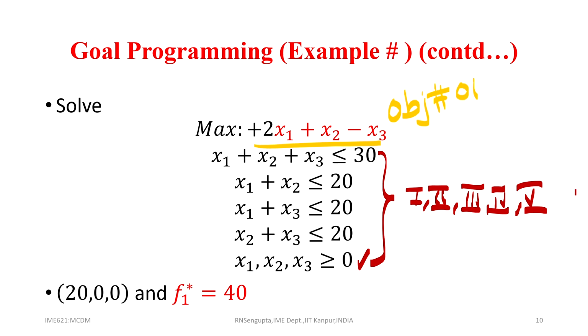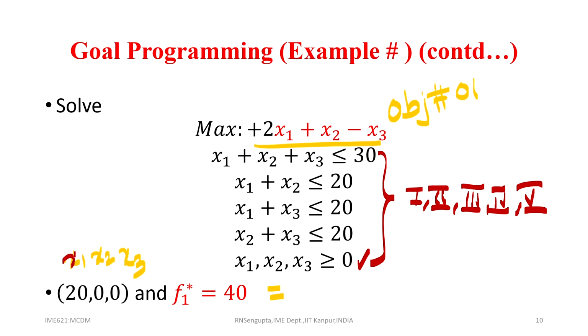When I solve it, the solution point is x 1 equal to 20, x 2 is 0, x 3 is 0. So, the objective function when we solve it is 40. How does it come? Let me use a darker color.